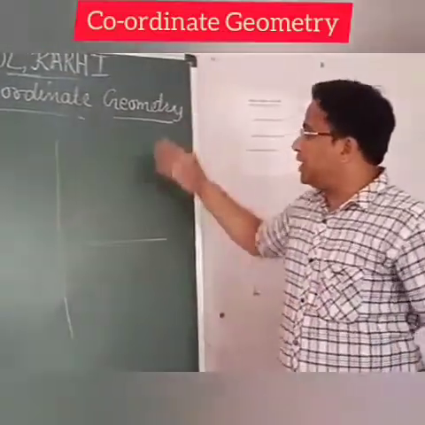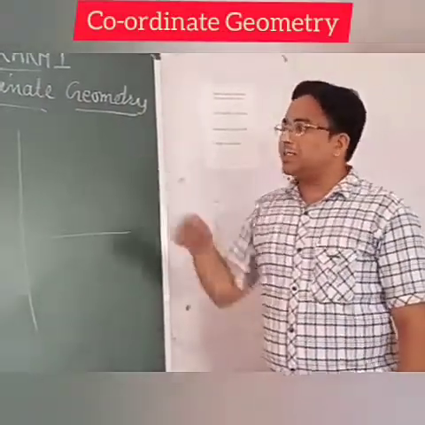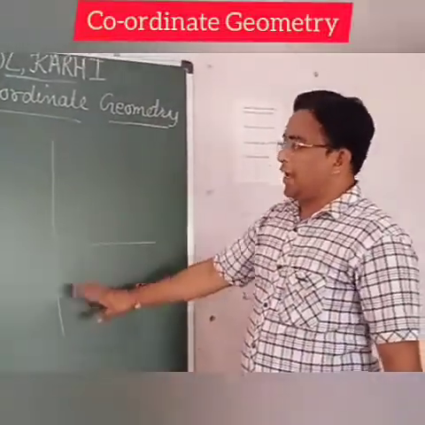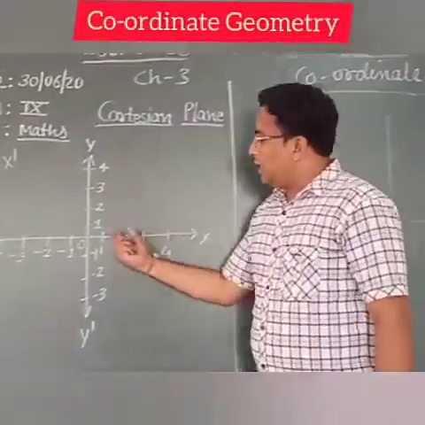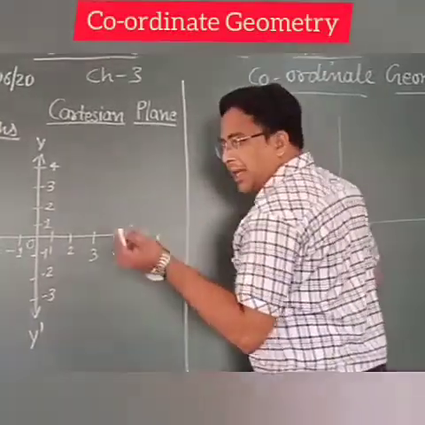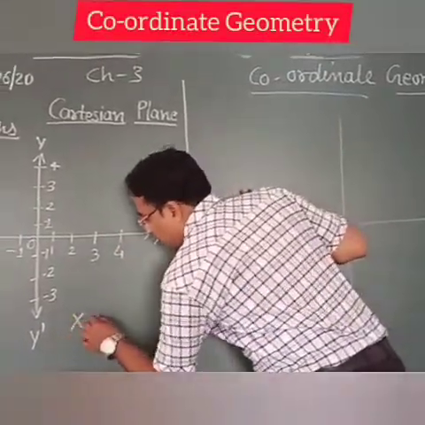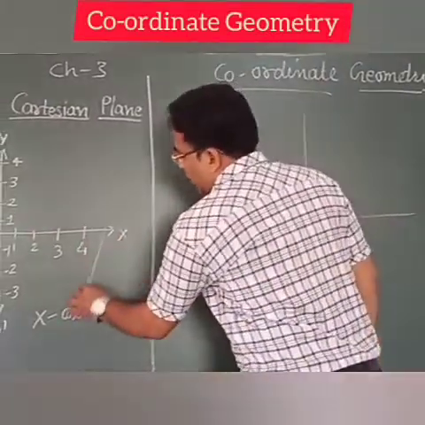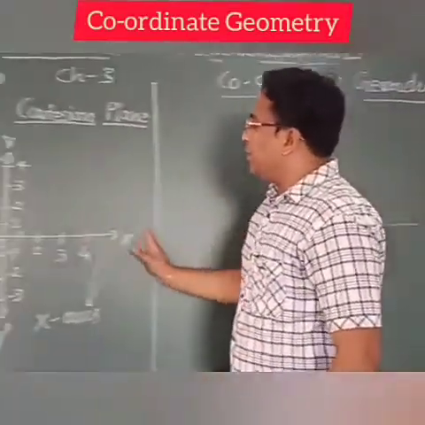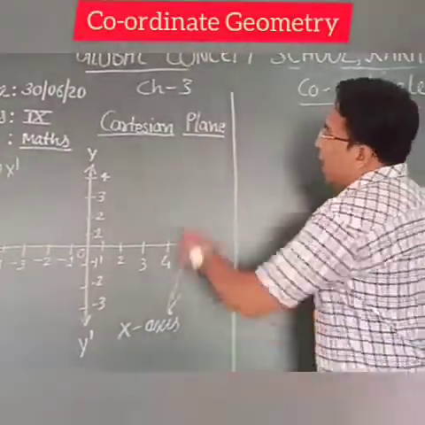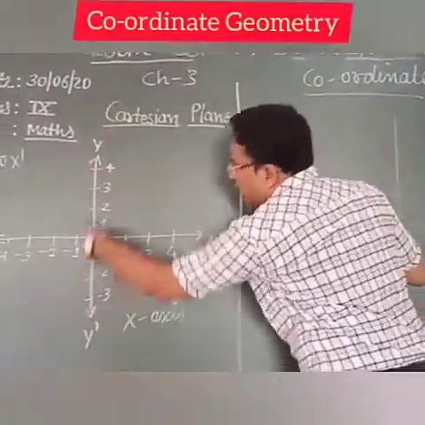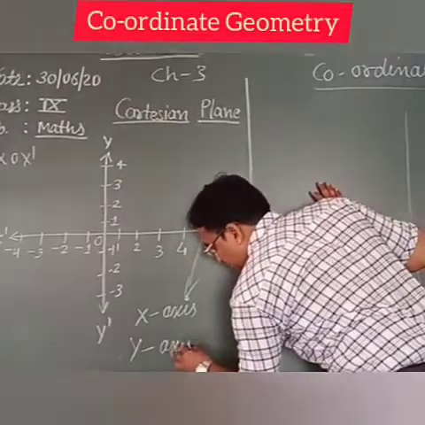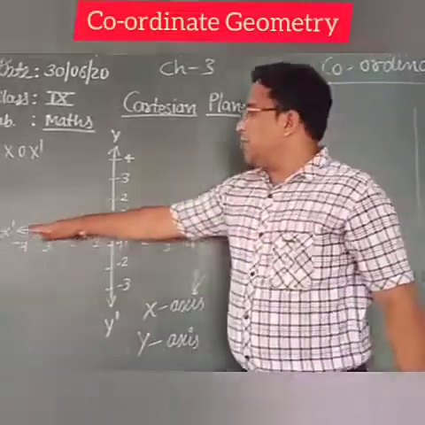And one more thing, this horizontal line is known as X-axis, which is also represented by XOX dash. And the vertical line which you can see here is known as Y-axis.